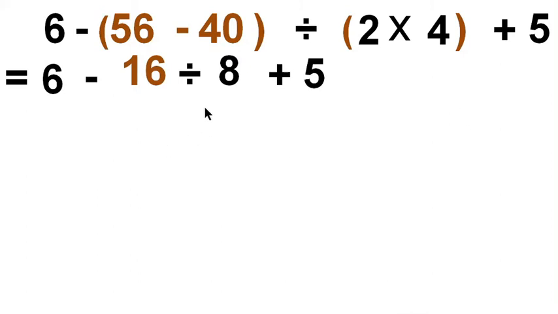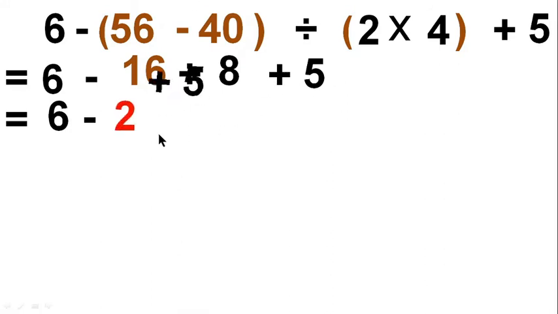In this line there are 3 operations: subtraction, division, and addition, but we will divide here first as per the rule of BODMAS. If we divide 16 by 8, we get 2, and plus 5 will be written here same.